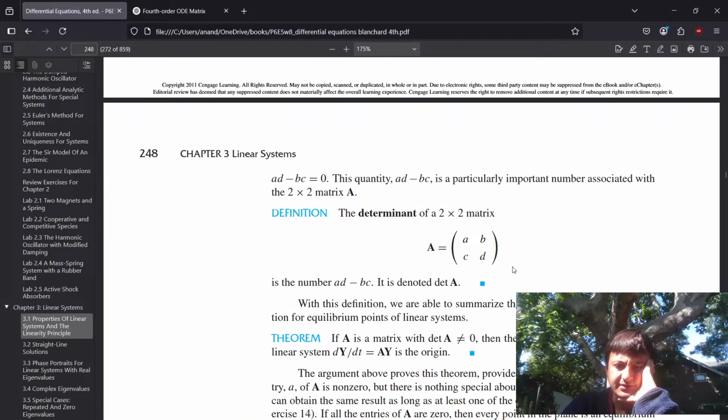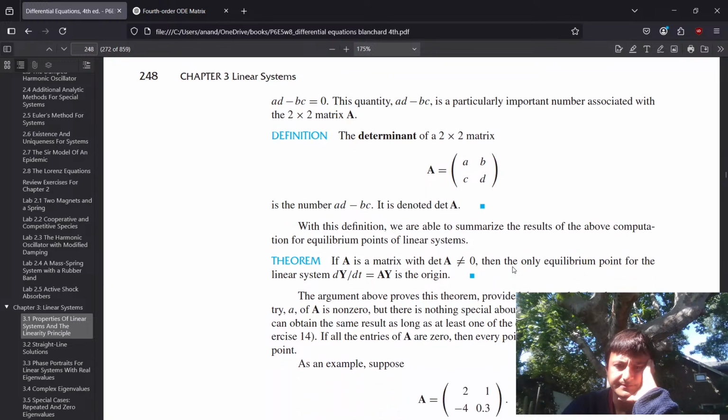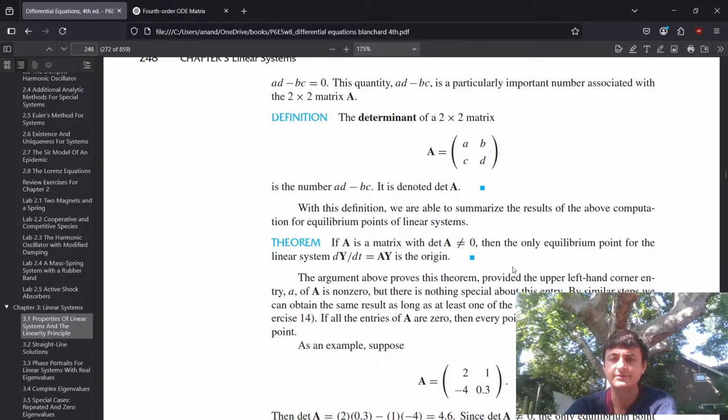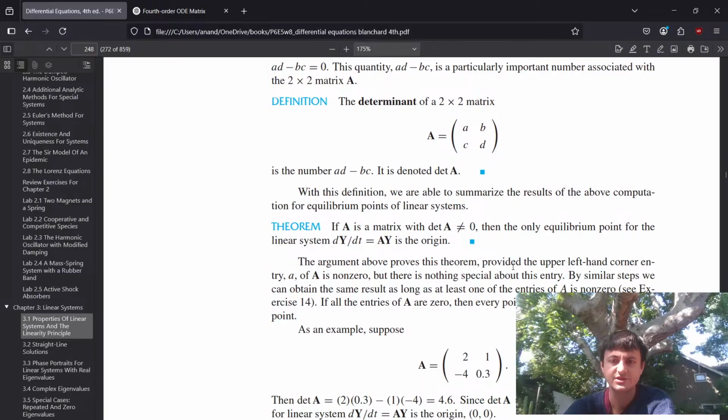Okay, so then they describe the determinant of a 2 by 2. And remember, the determinant is really, for me, a geometric thing, right?